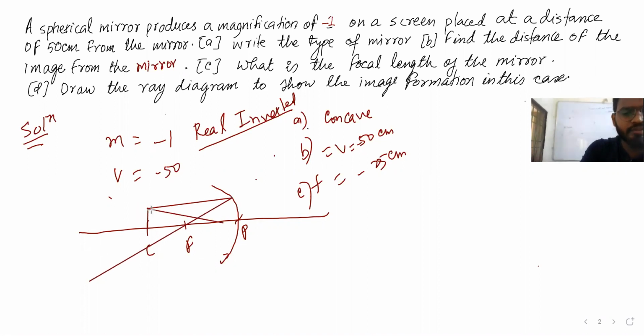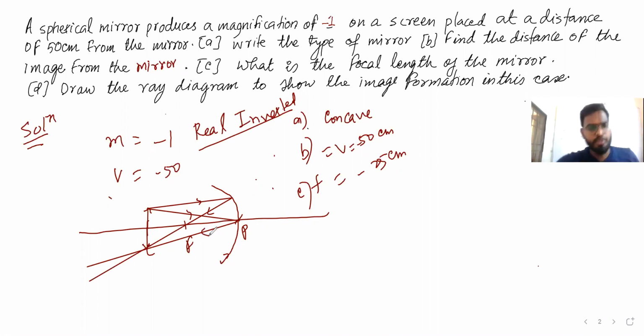Again, a ray of light that intersects the pole, what will happen? The image will form at C only. So this is going to be the image. Now that's it. A ray of light parallel to the principal axis will pass through the focus. A ray of light incident at the pole reflects back with the same angle. So this question was good.